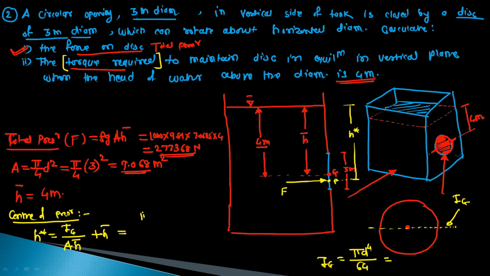So here Ig will be pi d raised to 4th upon 64, divided by the area we have just calculated, 7.068, into h bar which is 4 meter, plus 4. If you solve this, you will get h star equal to 4.14 meter.